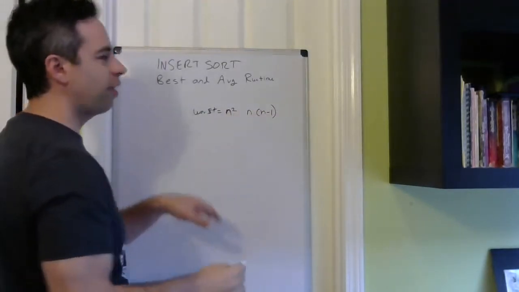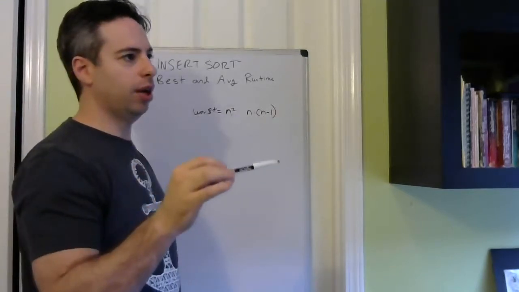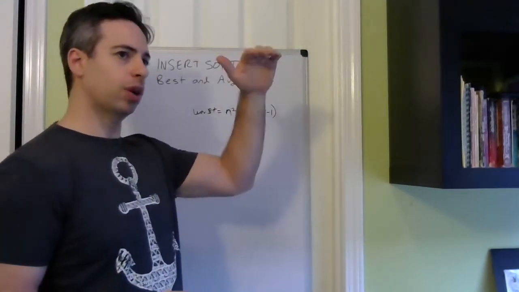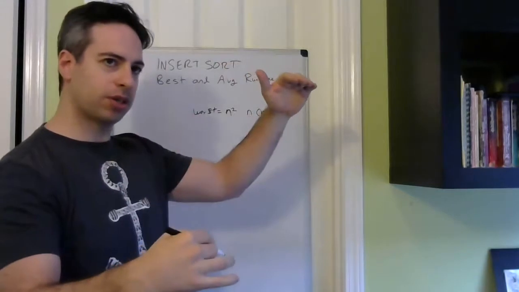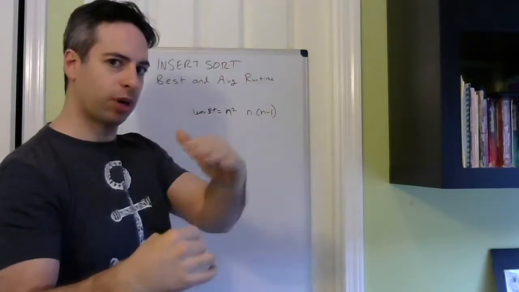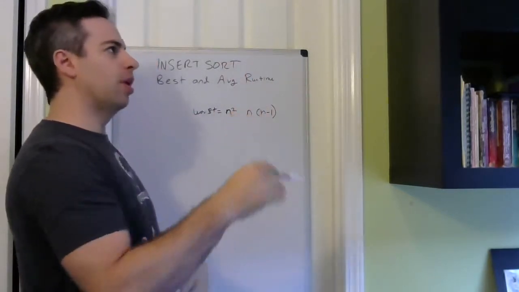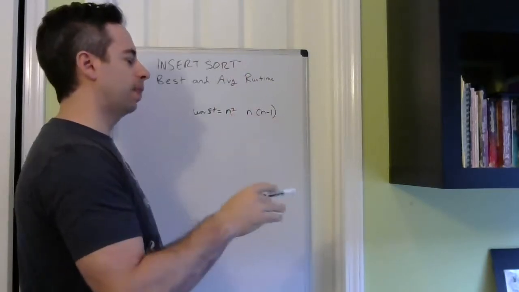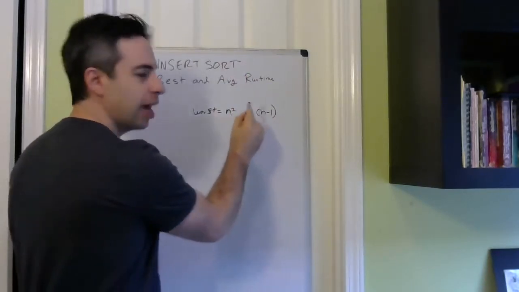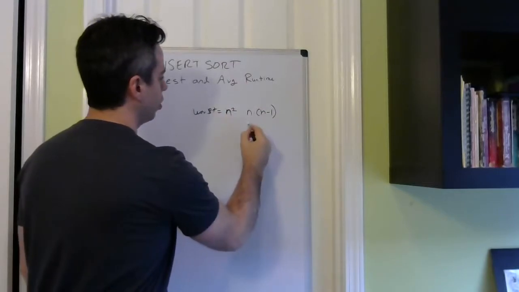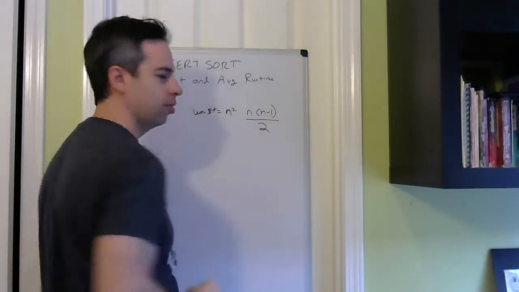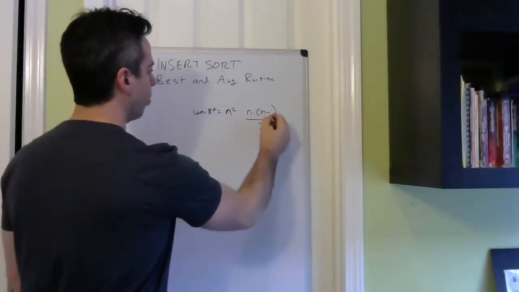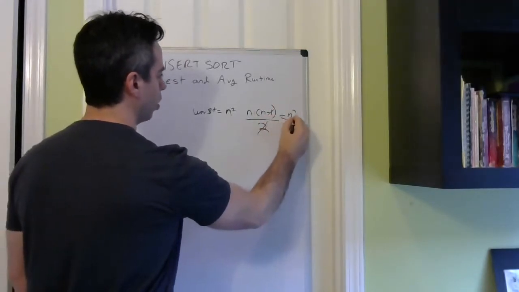But to account for the fact that you start with just one comparison and end with every comparison, making one more comparison each time, you're doing half of this total. So divide that by 2, drop the constants, and you get n squared. That's just a quick review.